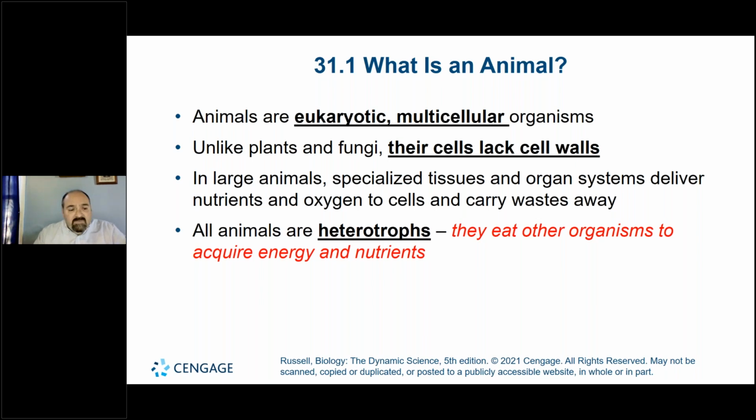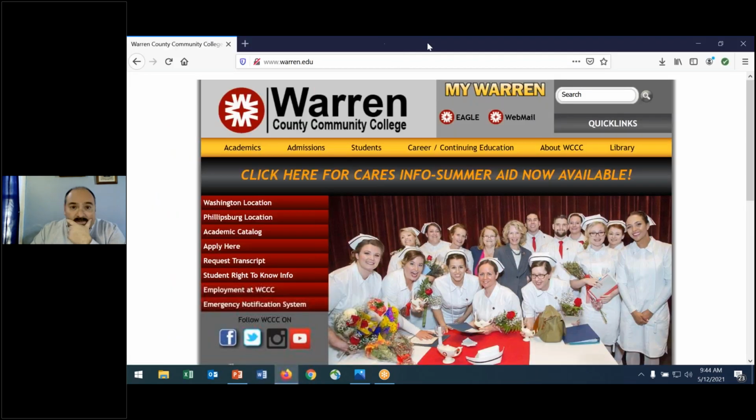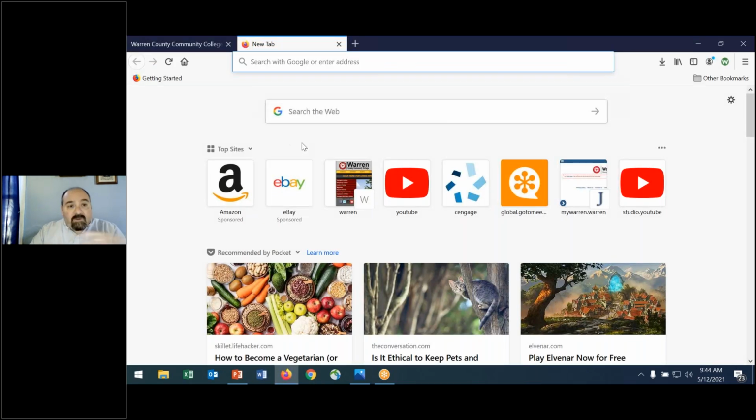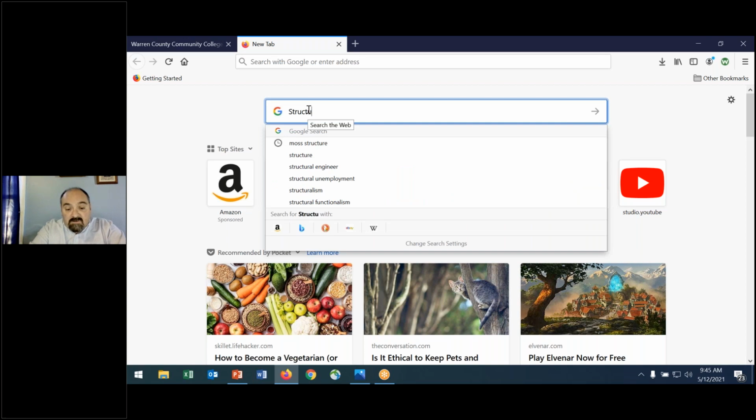And this was from what we had studied before, when we started off the beginning of the semester looking at human anatomy.